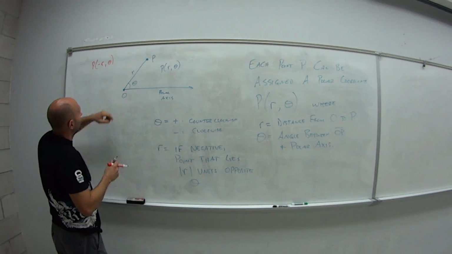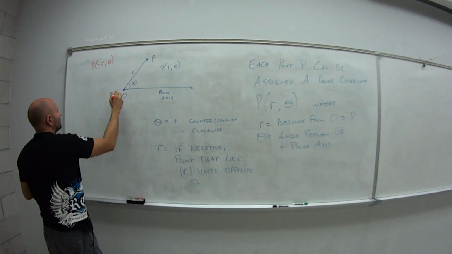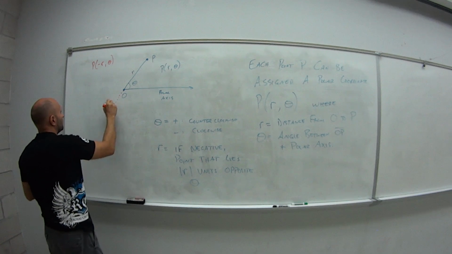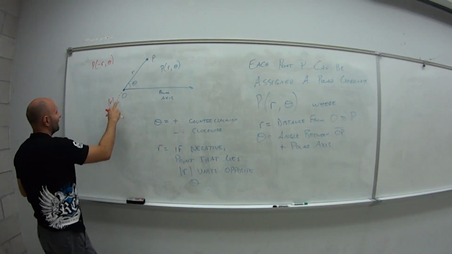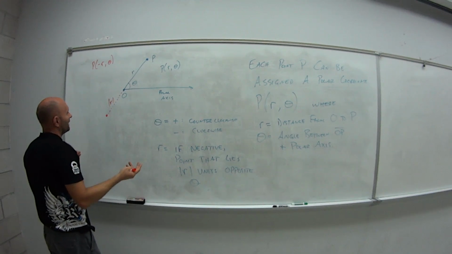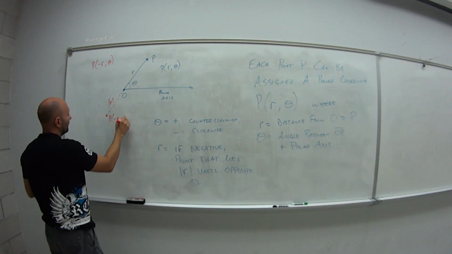But because it's minus r, I don't go out this way, I go back the other way. And the length of this is whatever the value r is, take the absolute value, because length isn't a negative length. So this is my point minus r, theta.